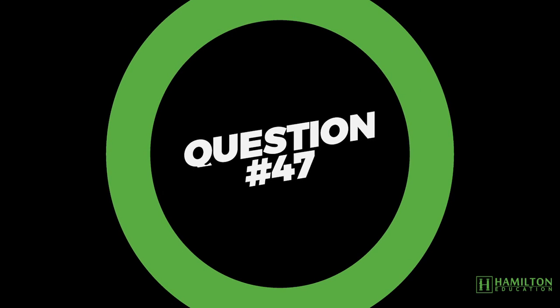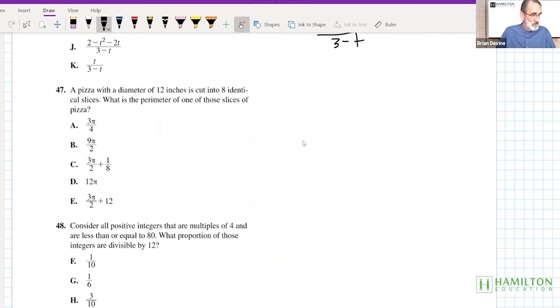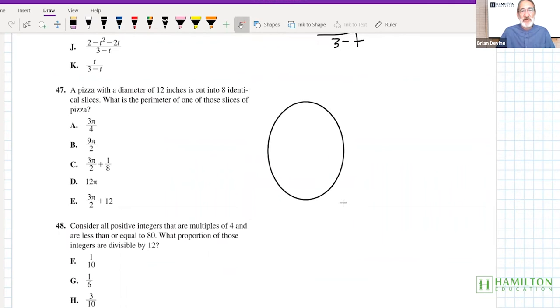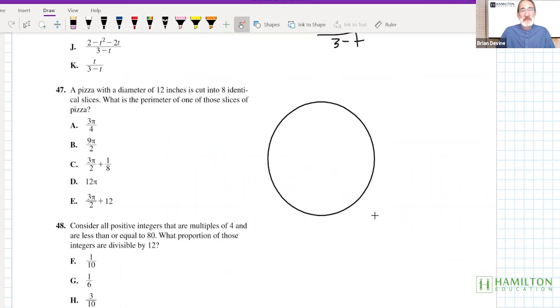Number 47. A pizza with a diameter of 12 inches is cut into 8 identical slices. What is the perimeter of one of those slices? Well, let's put a pizza on the board. There's a pizza.